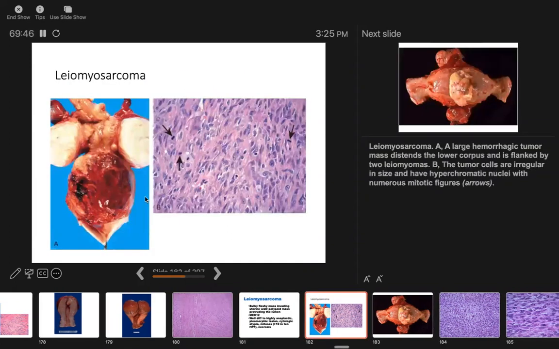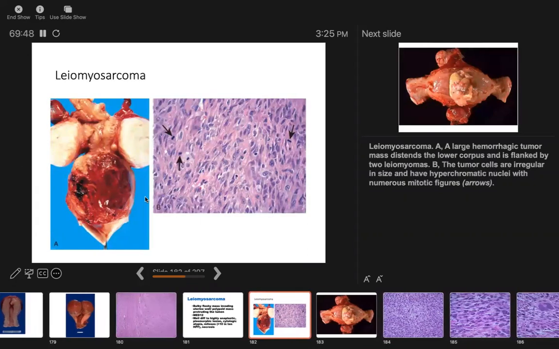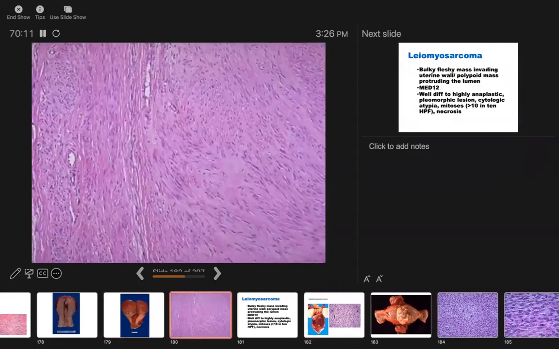Let us try to discuss that. Leiomyosarcoma usually occurs as bulky fleshy masses, as you can see. It may also be polypoid masses that project into the uterine lumen. Now, first characteristic, atypia. So look at this slide versus, let me go back here.